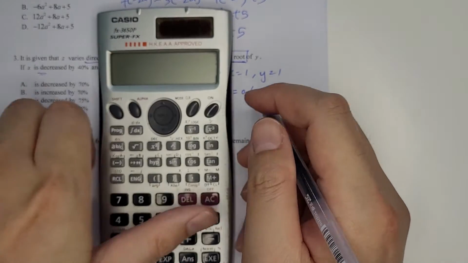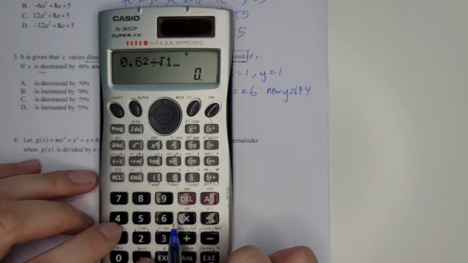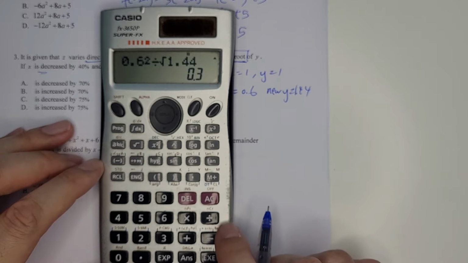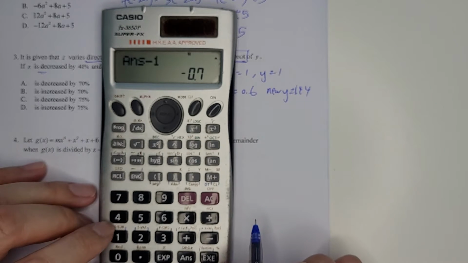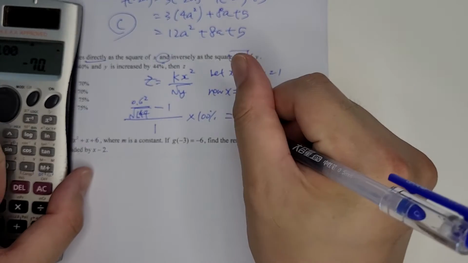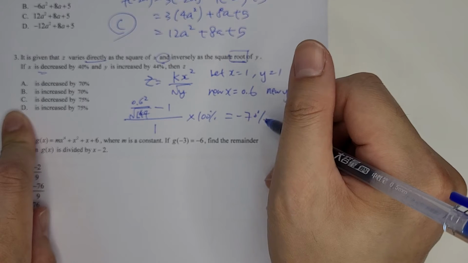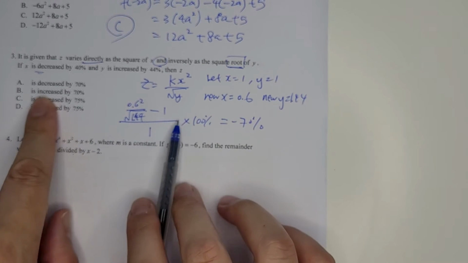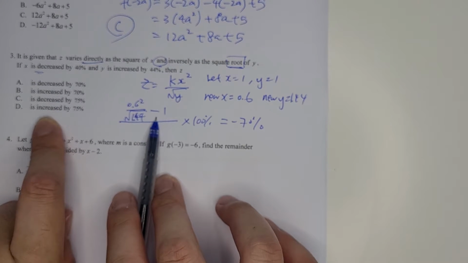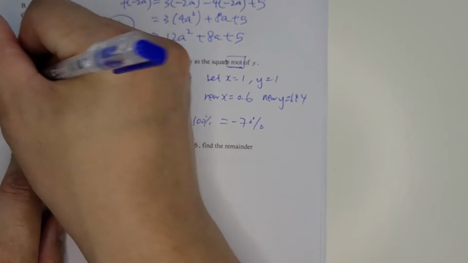Then just use your calculator. 0.6 square divided by square root 1.44, minus 1, times 100%. So you can find that it is negative 70%. And that means it is decreased by 70%. So the answer is A.